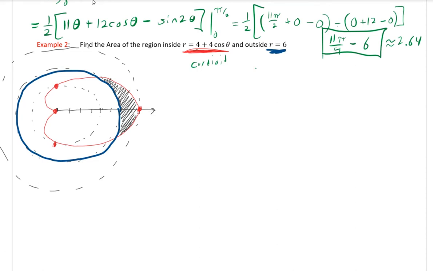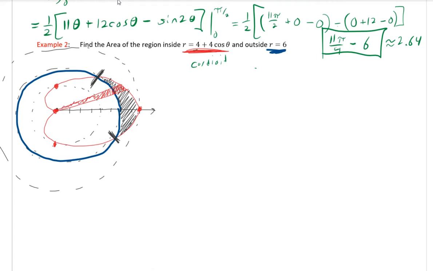So that means what we need to know is the angle measure here and the angle measure here that defines that. From the origin, once we find that region, we have cross sections, for example, that would look like this out to the edge. That'd be a cross section.